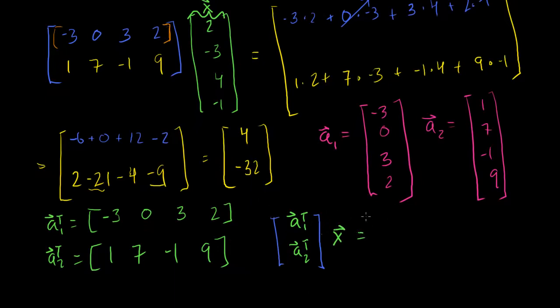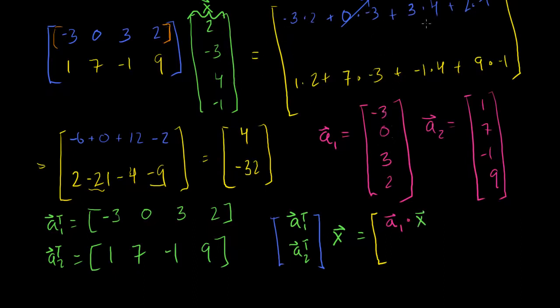This first row that we wrote out was A1 dot x, right? And you know all about the dot products. The first row was A1 dot x. It's minus 3 times 2 plus 0 times minus 3 plus 3 times 4, right?